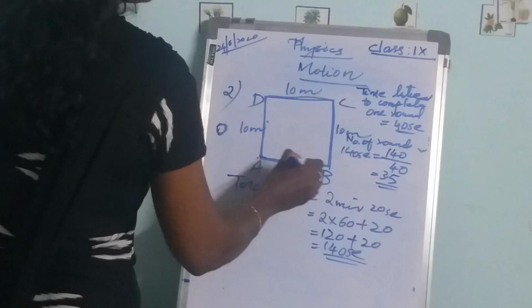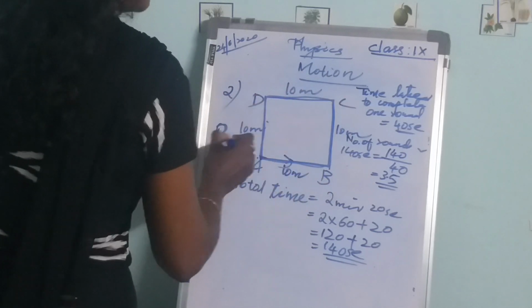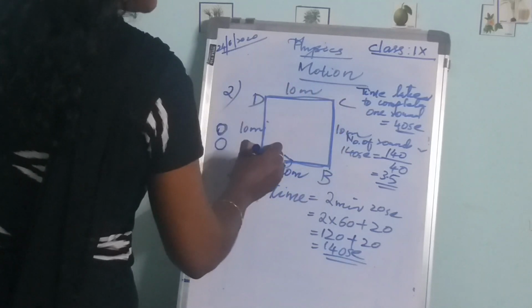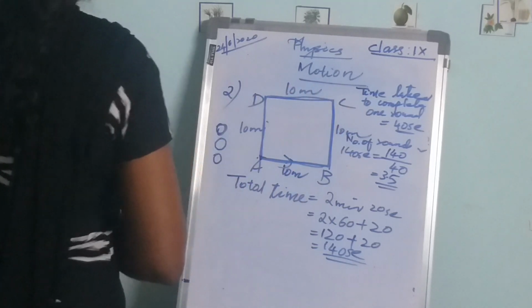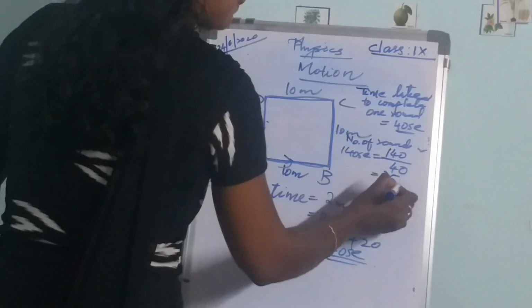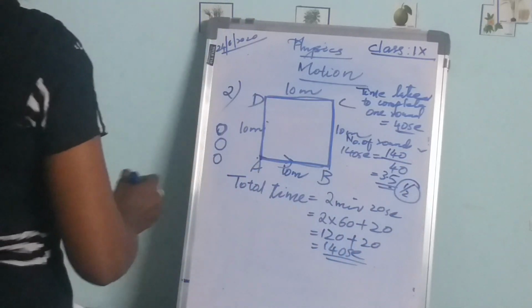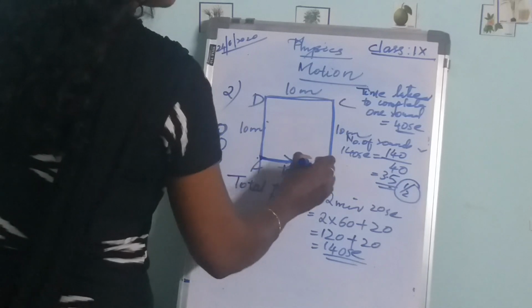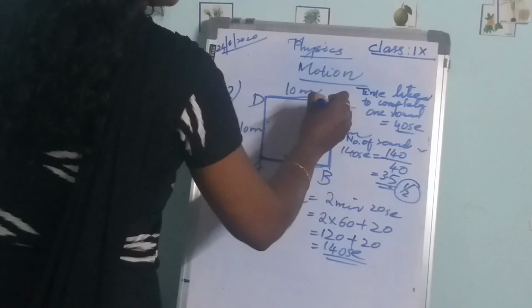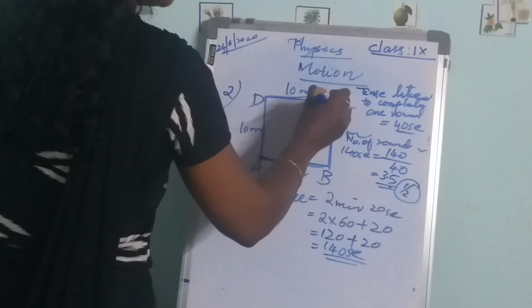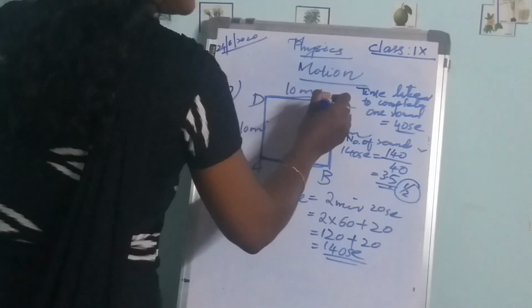Again after completing the second round also the displacement is 0. Then after completing the third round, here also displacement is 0. Then next the remaining round is only half, that is from A to B, then here. At the end of half round the farmer will reach at C.